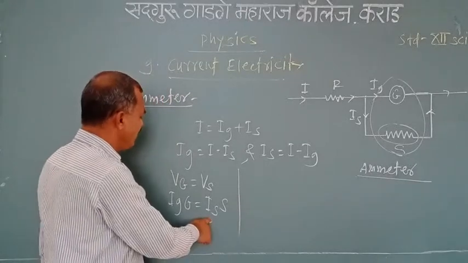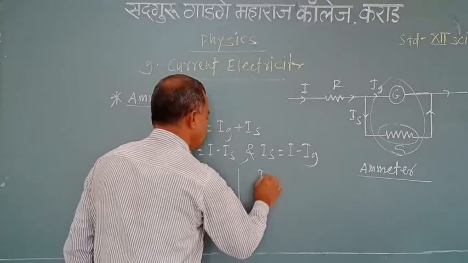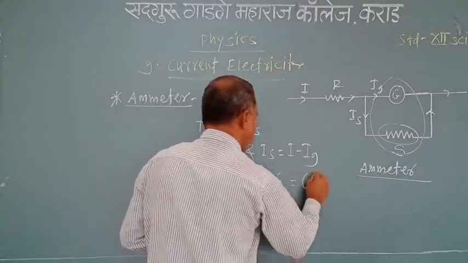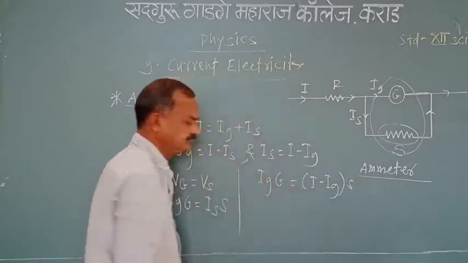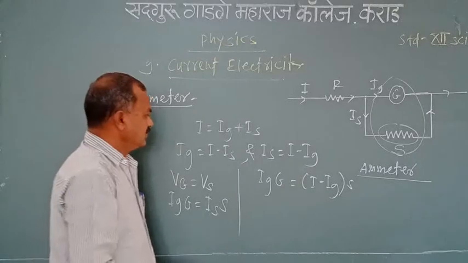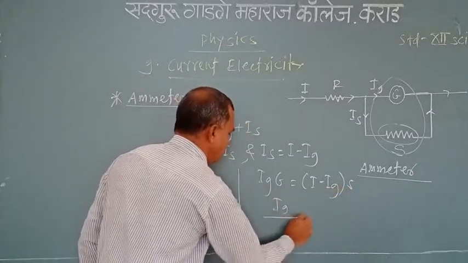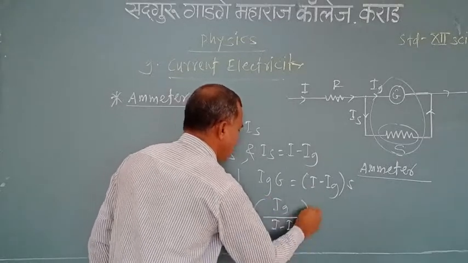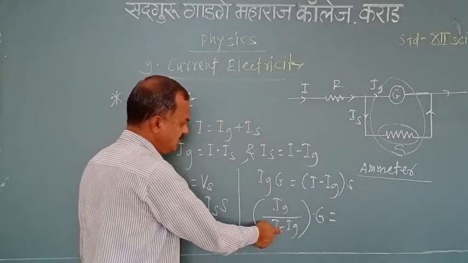Then substitute the value of Is, Is equal to I minus Ig. Therefore, Ig into G equal to I minus Ig into S. To calculate the value of S, Ig divided by I minus Ig into G, this term is divided on the LHS.